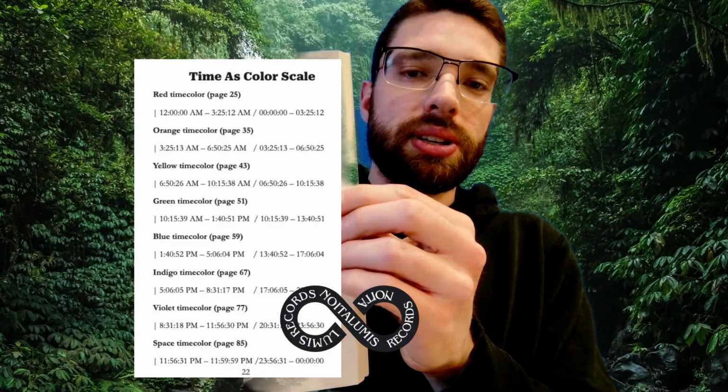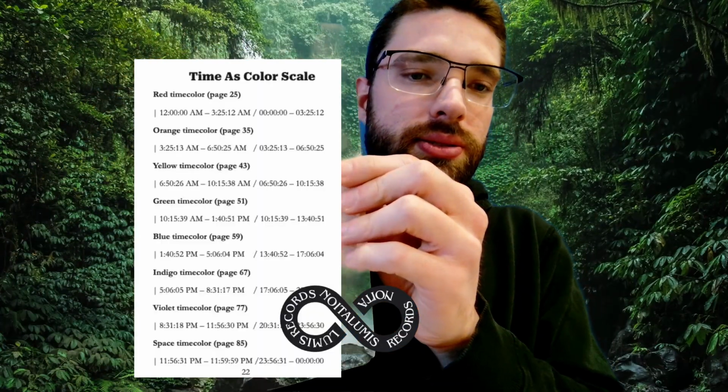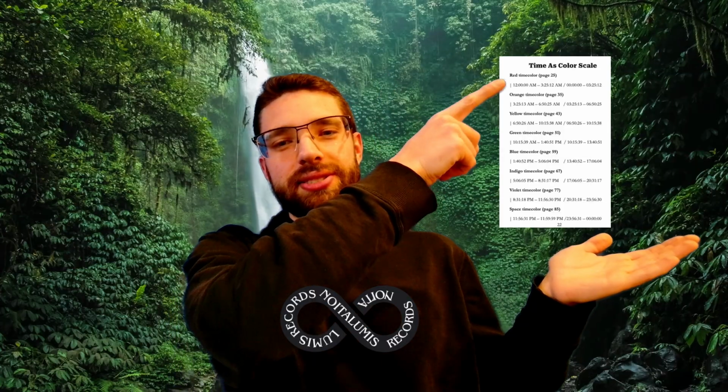And as you can see right here, the time is color scale. I will put that up right here. So we have the red time color at the, I'm still getting used to this.